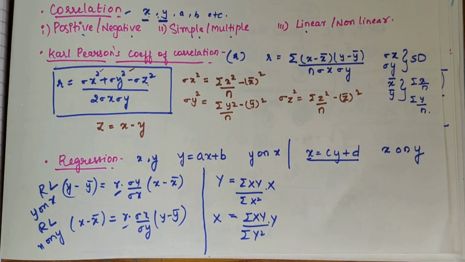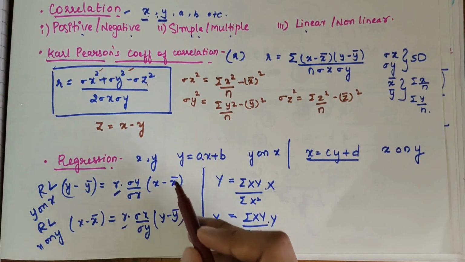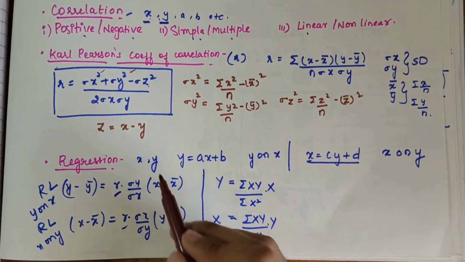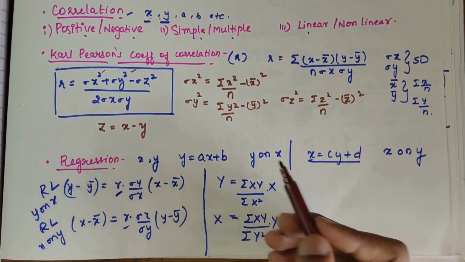Next we have regression. Regression is an estimation of one independent variable or variate in terms of another, where x and y are correlated. So if x and y are correlated, then the best fitting straight lines in the least square sense are the regression lines.